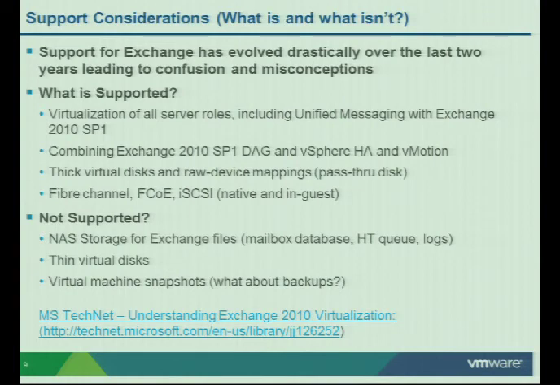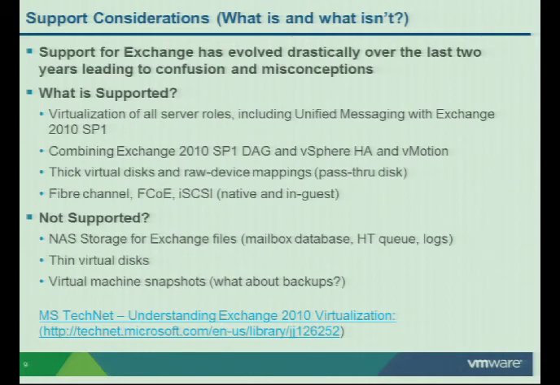So where we are today, just to make it very simple, virtualization of all server roles is supported with Exchange 2010 Service Pack 1. The additional role that was added at that time was the Unified Communications role. Combining Exchange 2010 SP1 DAGs and HA, hypervisor-based high availability, and vMotion is supported.